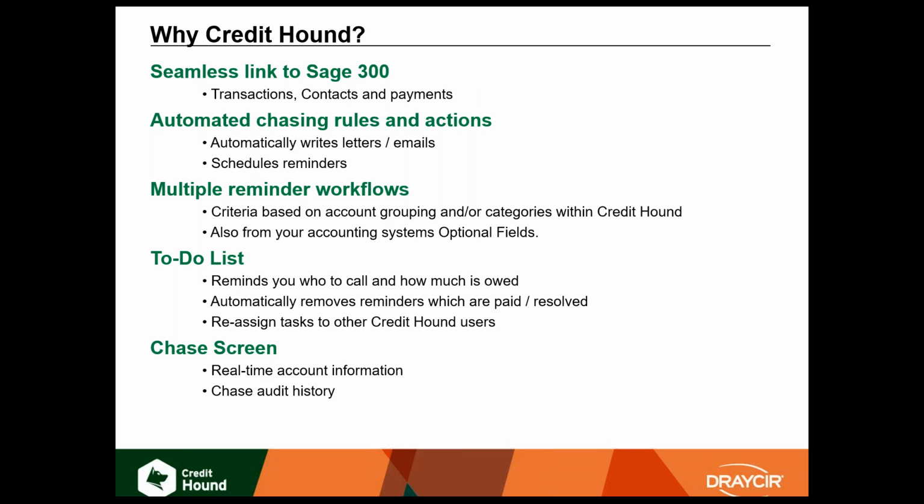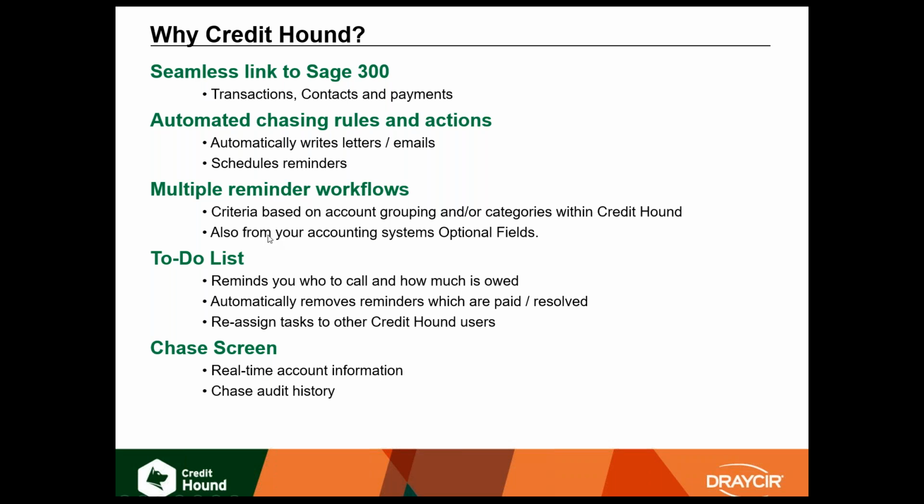But if you want to see your data inside Credit Hound, we could do that very, very quickly. So whether you want to schedule email reminders, schedule telephone calls, a combination of both, or whether you want to put an account automatically on stop if they go over their credit limit or become 150 days past due, all these things are possible.